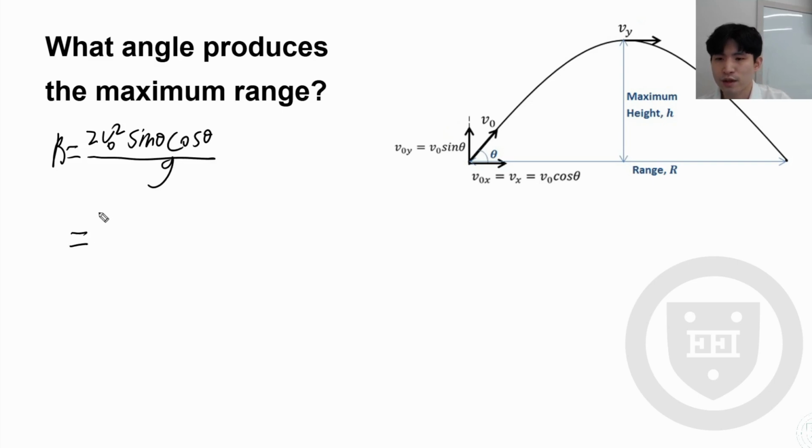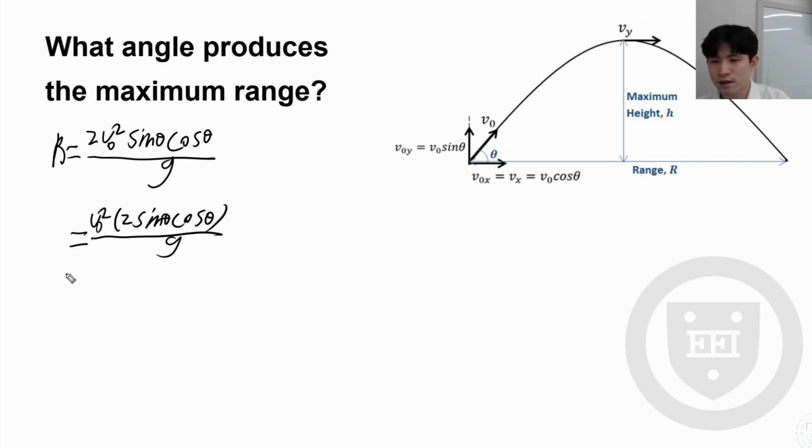So rearranging this, we get V0 squared times 2 sine theta cos theta over g.